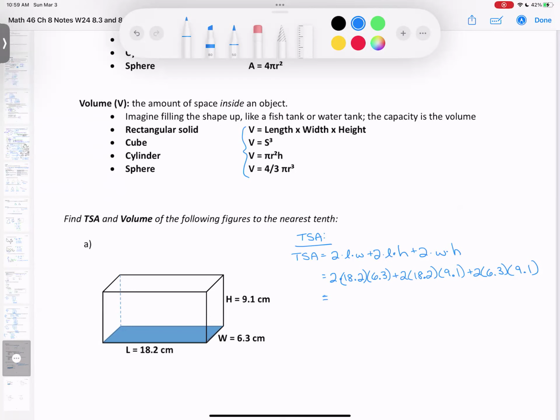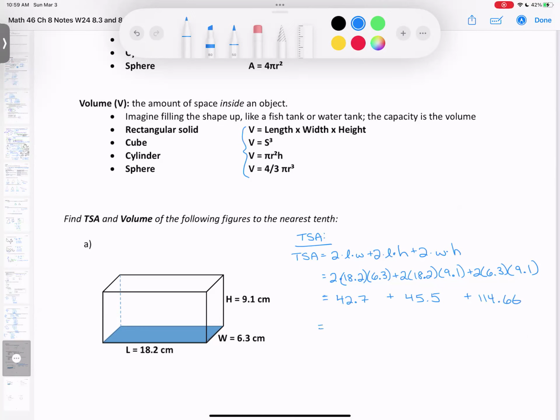But for that first number, I get 42.7. And then we've got plus, so here I get 45.5. And then the last one, 114.66.